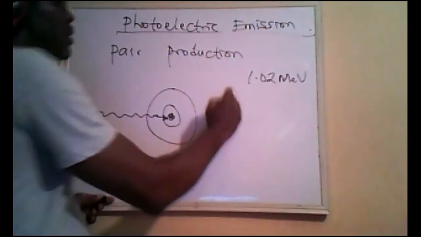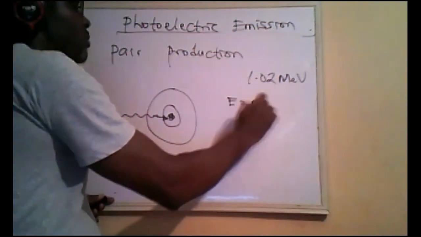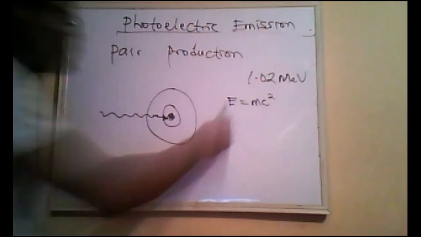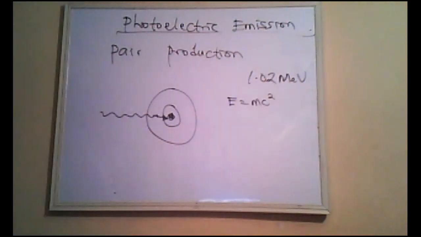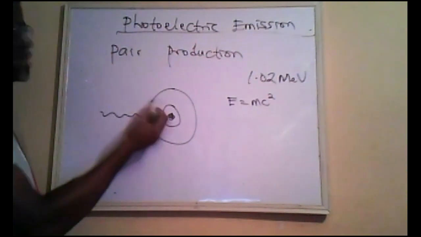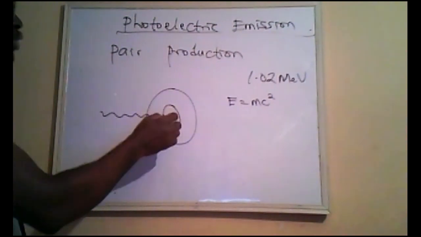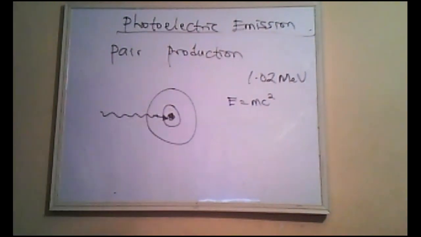Remember, E equals mc squared. Matter can be converted to energy. Energy can also be converted to matter. So when this photon is traveling, if it doesn't interact with the orbital electron, it can enter into the nuclear field of this atom.